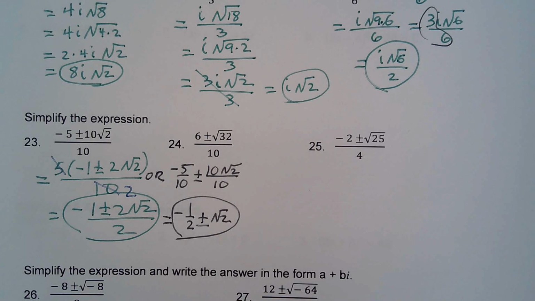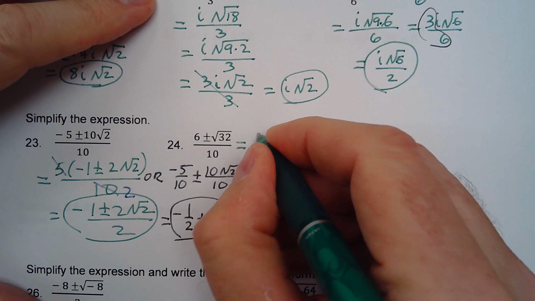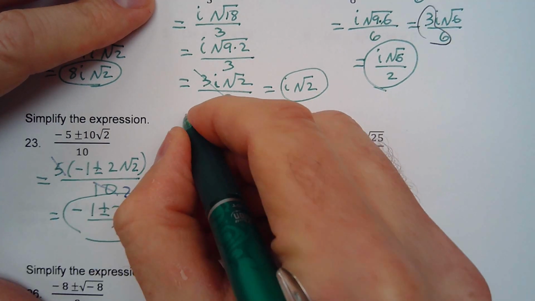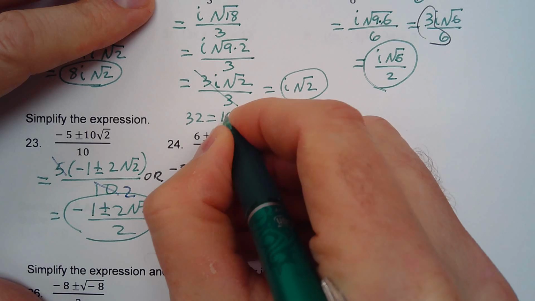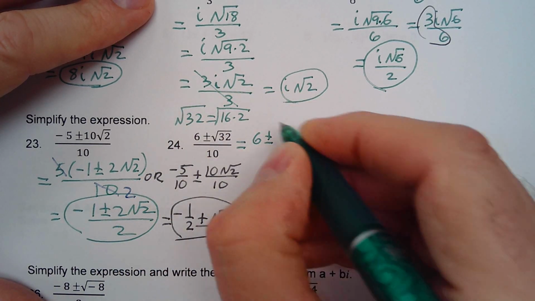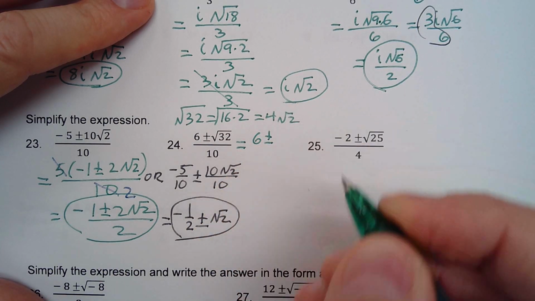Let's try another one. So this is 6 plus or minus. Now let's simplify the square root of 32. If I think of 32, that's 16 times 2. And that would be 4 square root of 2.